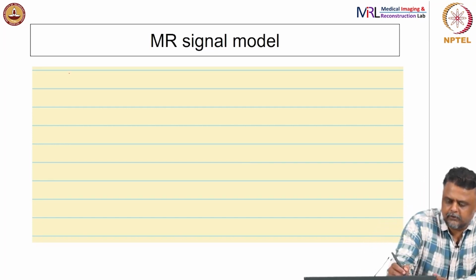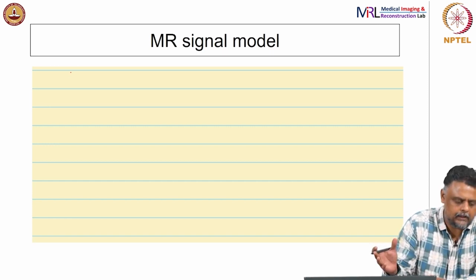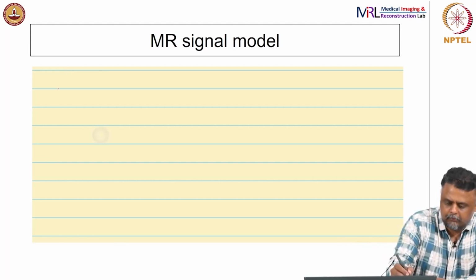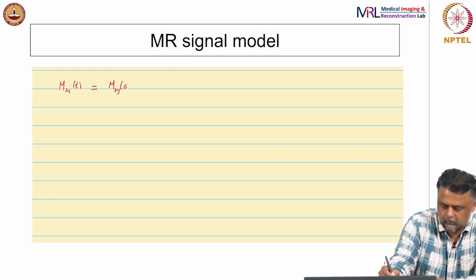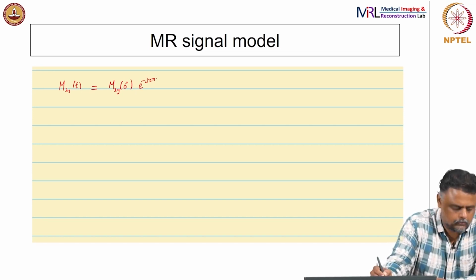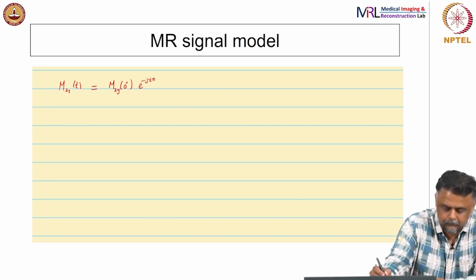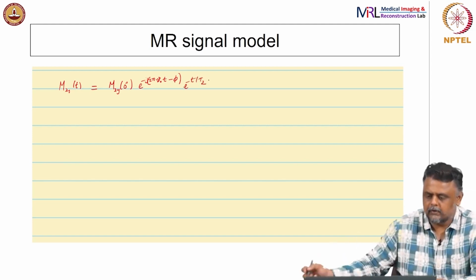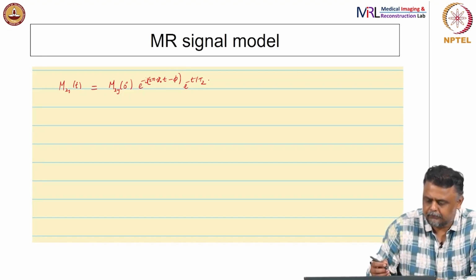The signal in the plane, the transverse magnetization after an alpha excitation, that is after the spins have been flipped by angle alpha, Mxy of t, is given by 0 plus, as we call it, e raised to minus j 2 pi, where the symbols have their usual meaning.